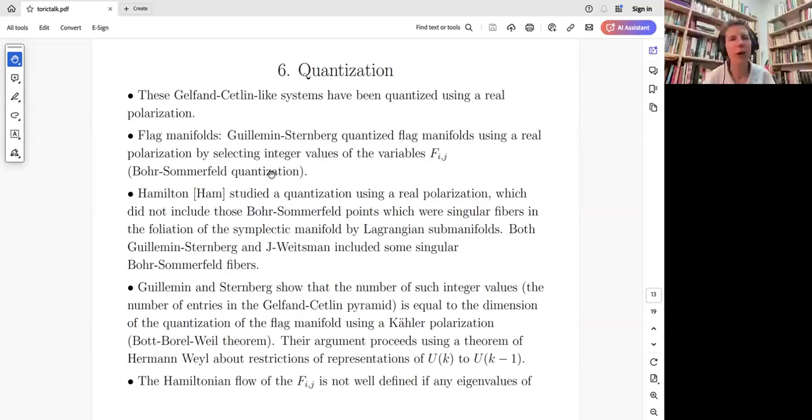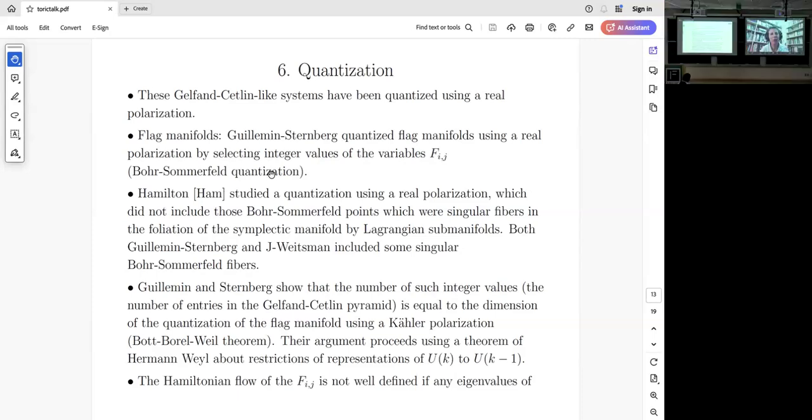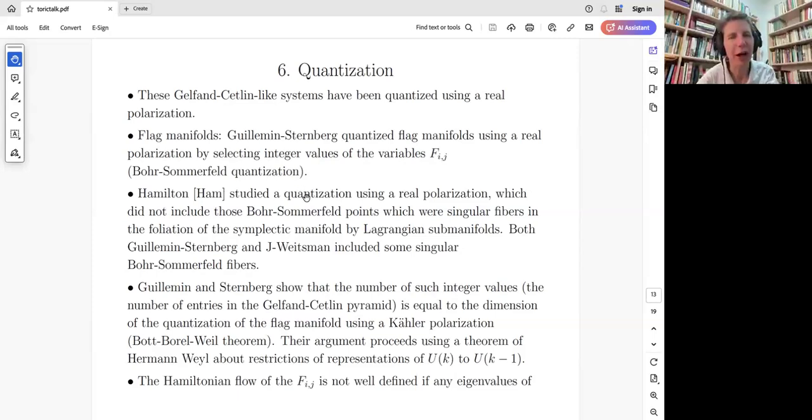Okay. Geometric quantization is a procedure that replaces a symplectic manifold by a vector space, which would be thought of as the space of wave functions.